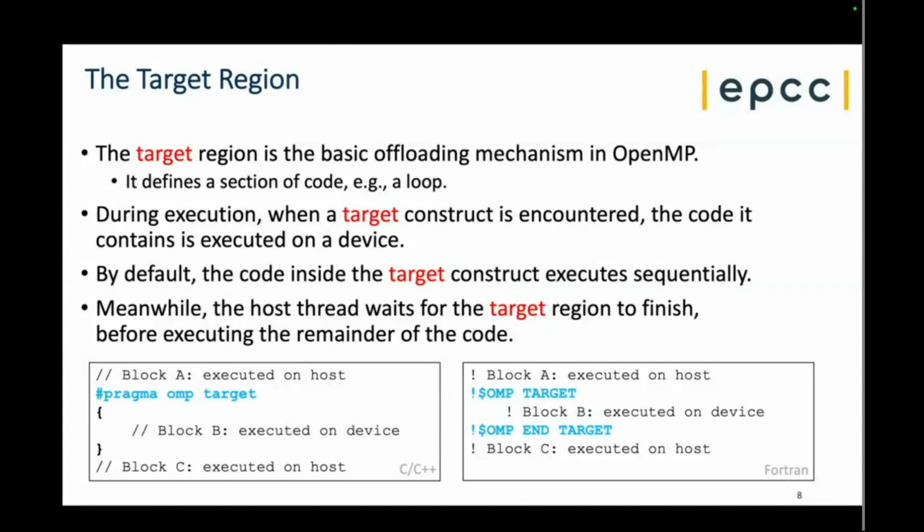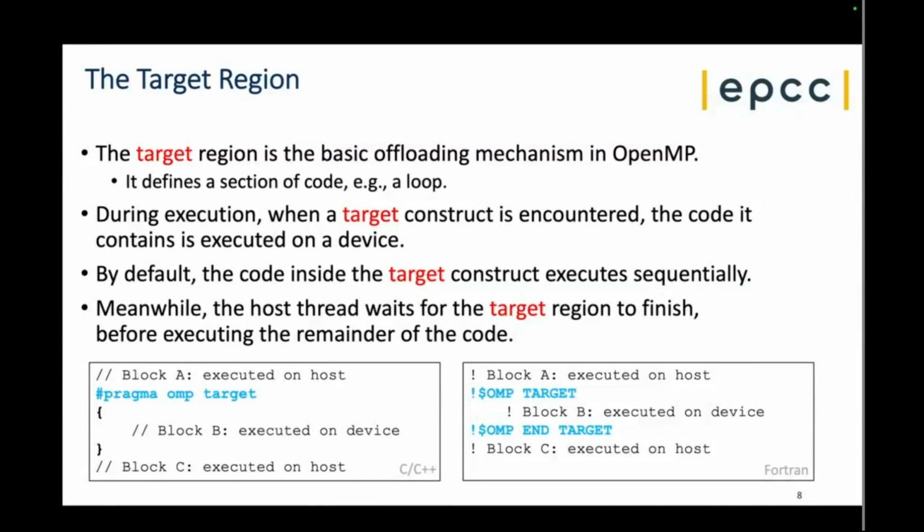Because we want to execute some code on the device, we just add target. And in C++, you add some curly braces, and anything inside the curly braces will run on the device you're targeting.